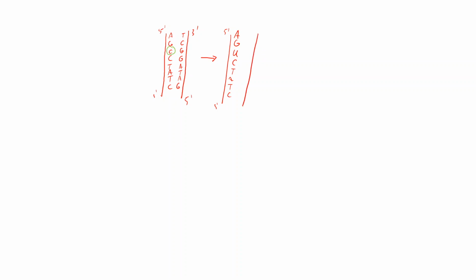Now, the other strand would look like this. You'd have T, C, this G would still be there, G, A, T, A, G, but now you have this cytosine, or this uracil, where it's not supposed to be. So this uracil is here as the deoxy form of uracil, which again normally doesn't occur in the cell.